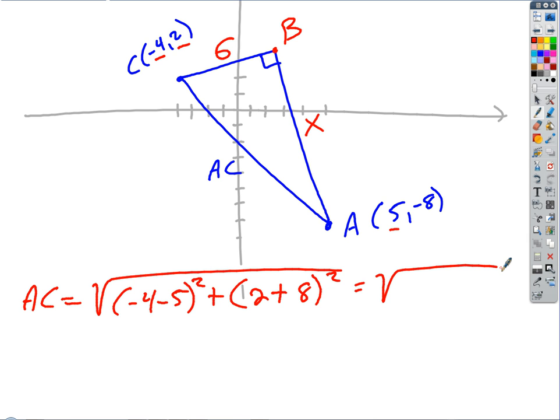And what's that give us? Well, -4 minus 5 is -9, so we can just make that a 9 squared. And then 2 plus 8, 10 squared. And what's 9 squared? 81. 10 squared, 100. So then that's just the square root of 181, right? So let's put that in there.